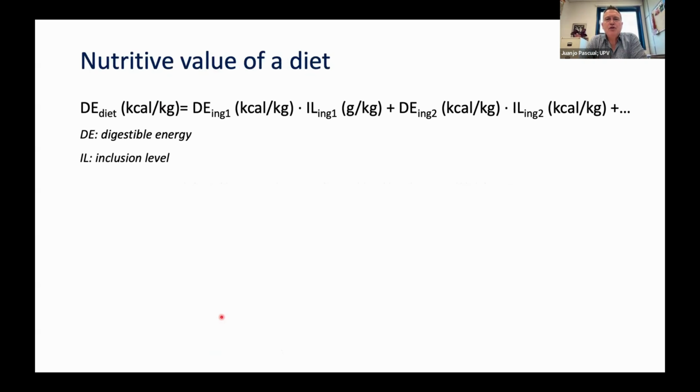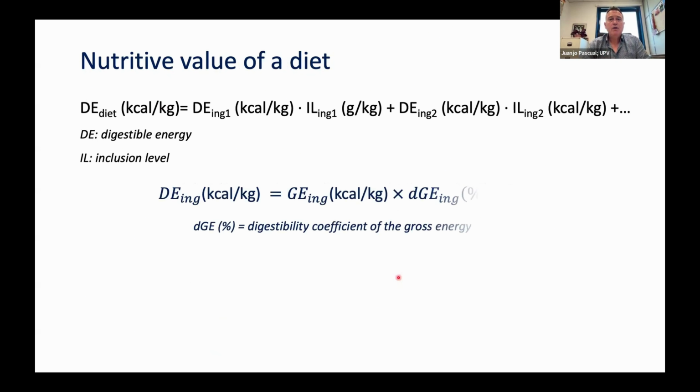To determine the nutritional value of a diet, using digestible energy as an example, we calculate the digestible energy content of the diet as the sum of the digestible energy content of each ingredient multiplied by its inclusion level, as in this equation. To determine the digestible energy content of an ingredient, its raw energy content must first be determined and then multiplied by its digestibility coefficient for gross energy.